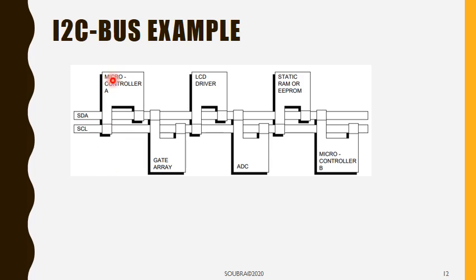Alright, so this is a microcontroller. Most probably it would be a master, probably. This is an LCD. So I cannot imagine where an LCD could be a master. It doesn't make any sense. An ADC, never a master, that's for sure. A memory, never a master. Oh, alright, awesome. Another microcontroller. So this could be another master. So this is a potential master, and this is a potential master.